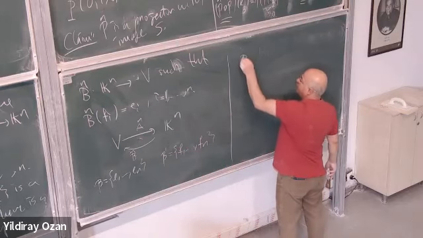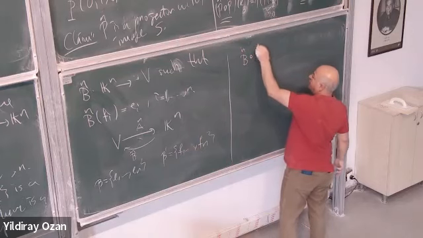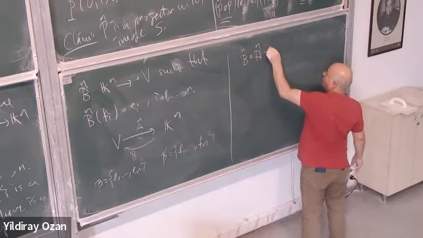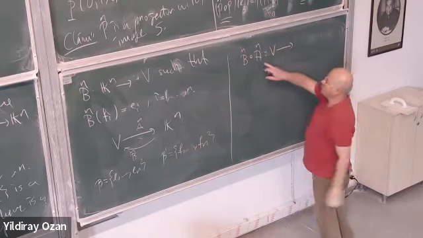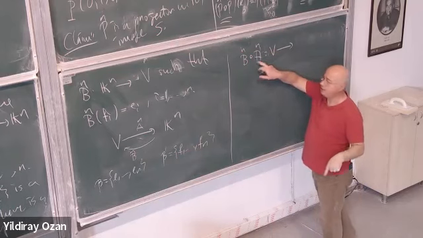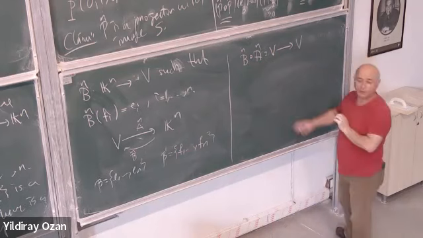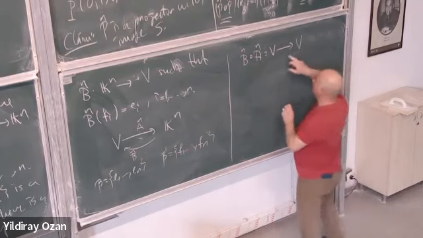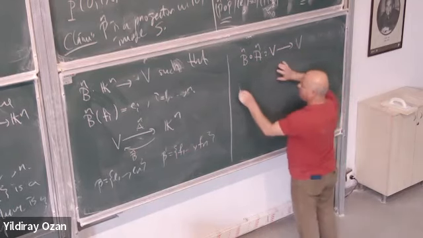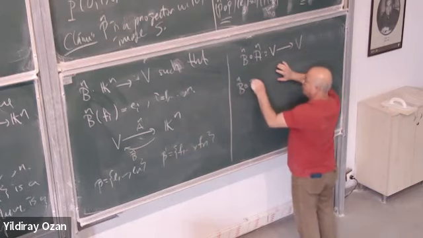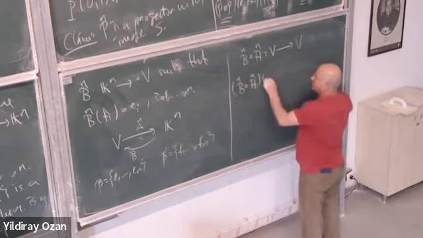So B hat composition A hat is a linear map from V into, this goes from V to K^n, this goes from K^n to V. So it goes from this vector space to itself. And what about its action on the basis elements?